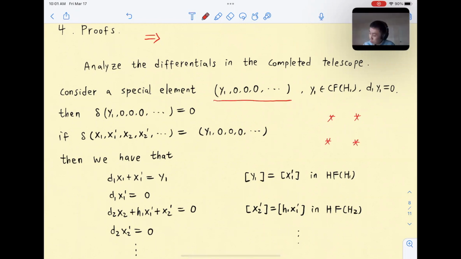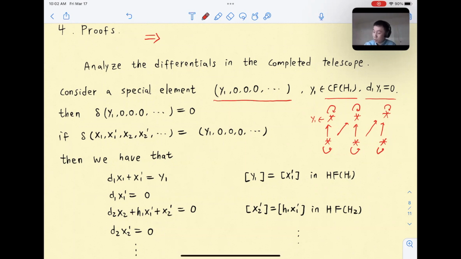We have a direct sum of all of these things, and we have differentials like this. Now we just pick a single element y1, 0, 0, 0, which means y1 lives in here and other places are just 0. So y1 is an element in the Hamiltonian Floer complex. We assume it's closed. Then we can see in the telescope it is also closed.